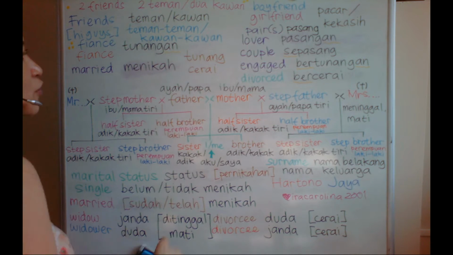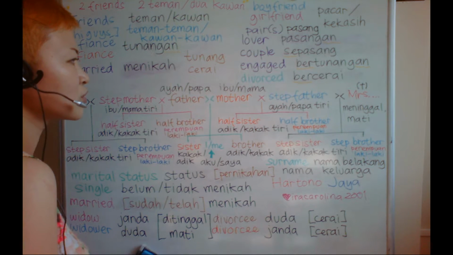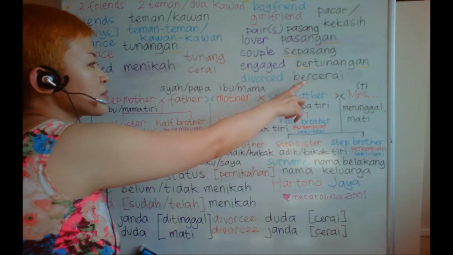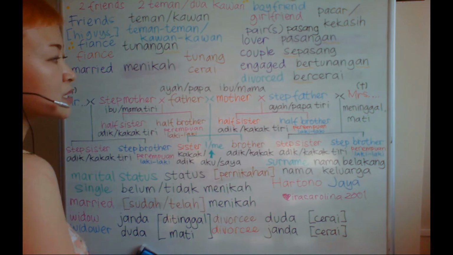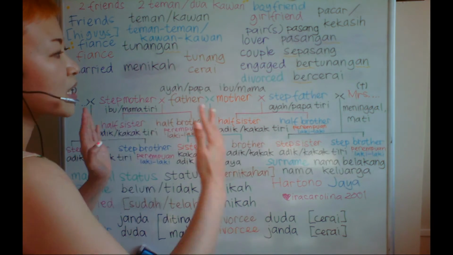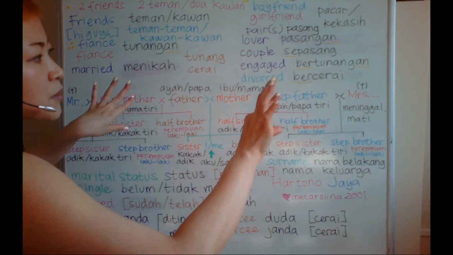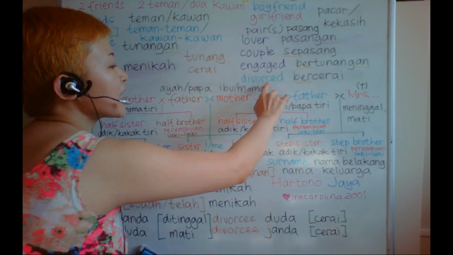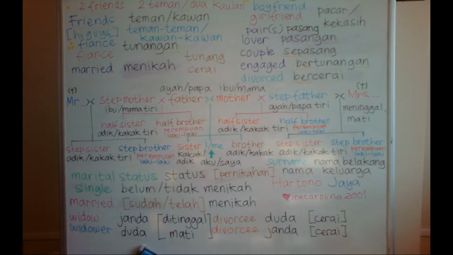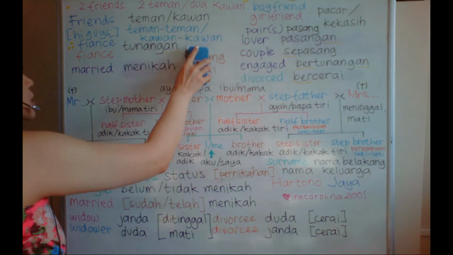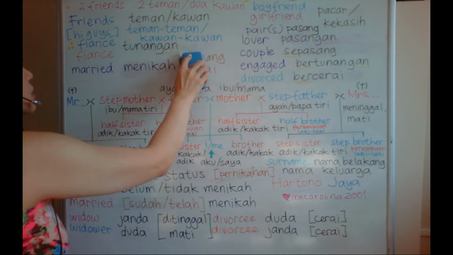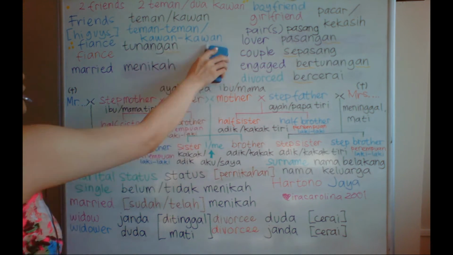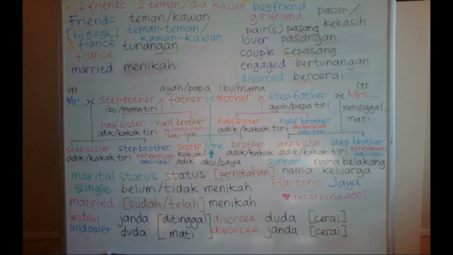Even though divorce has status as noun or so, this ber makes it mean divorce. Cerai is separated, being separate. Bercerai, divorce. Yeah. I will just erase this so we do not have confusing things.